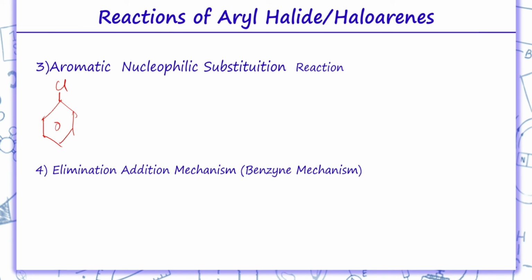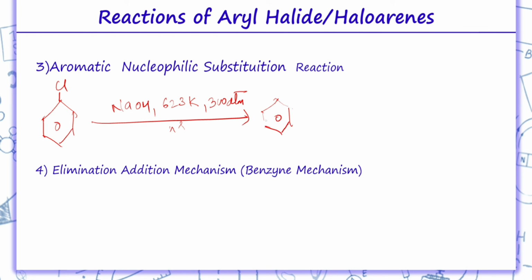In nucleophilic substitution, this group is removed and substituted. Chlorobenzene reacts with NaOH at 623 Kelvin and 300 atm pressure, and then in acidic medium we get phenol. So the Cl group is substituted. It is called nucleophilic substitution reaction.